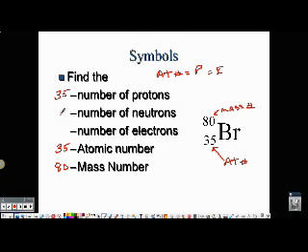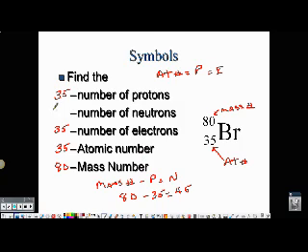I can immediately plug in electrons as 35, and then I'm going to use mass number minus protons equals neutrons. So my mass number is going to be 80 minus 35, which gives me what? 45. So I have 45 neutrons.